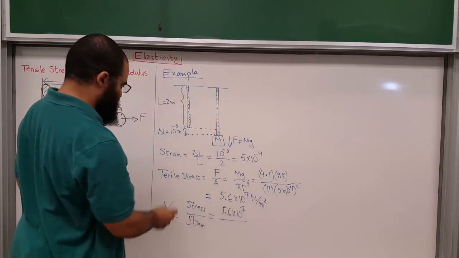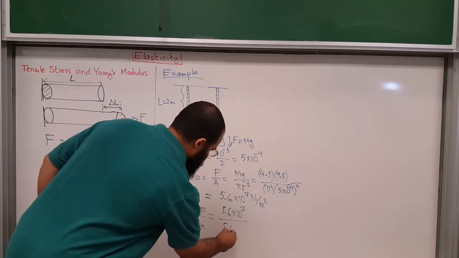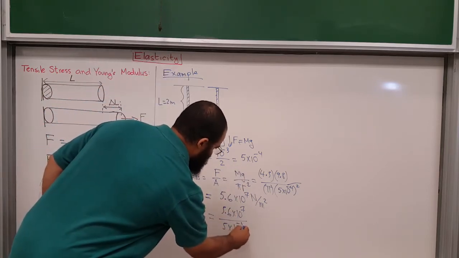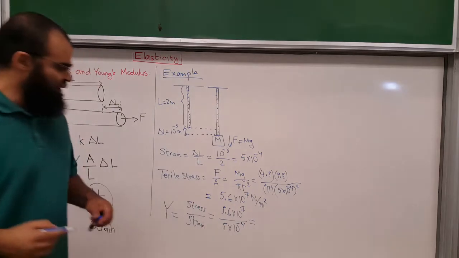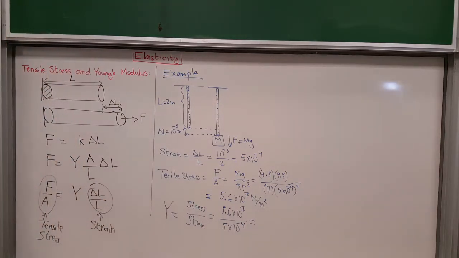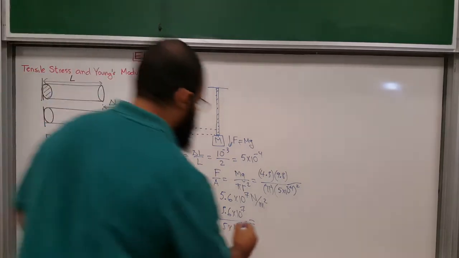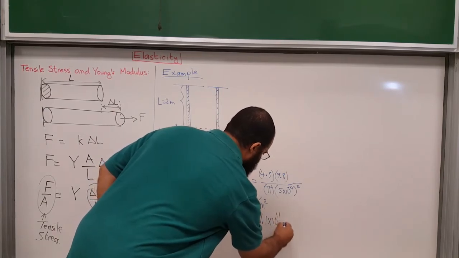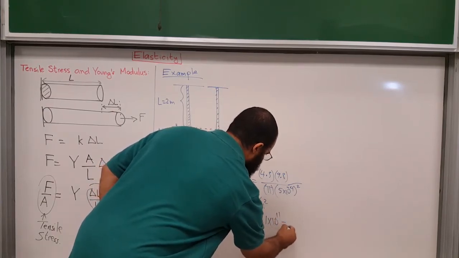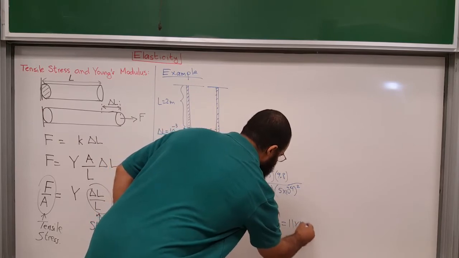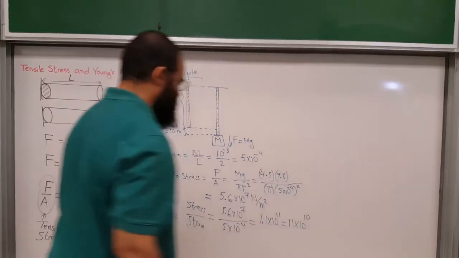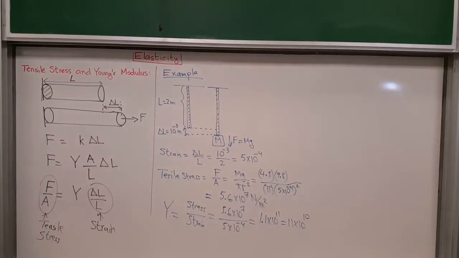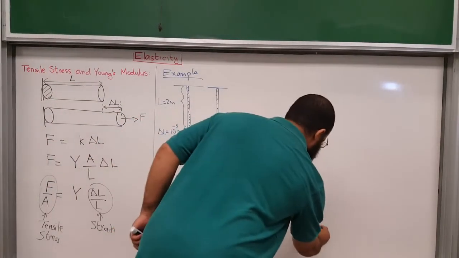We said it's 5 times 10 to the minus 4. And we get something times 10 to the 11. So it's 1.1 times 10 to the 11th. And then it's really 11 times 10 to the 10th, and it's in newtons per square meter.